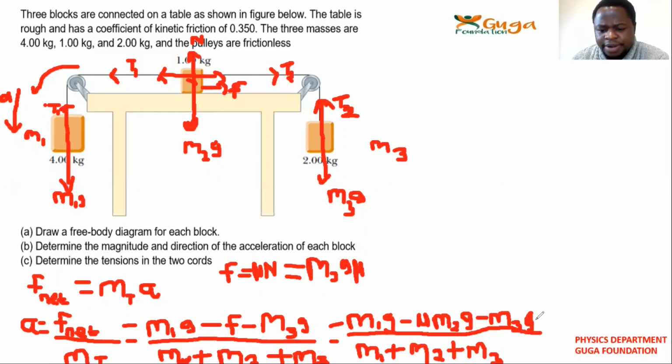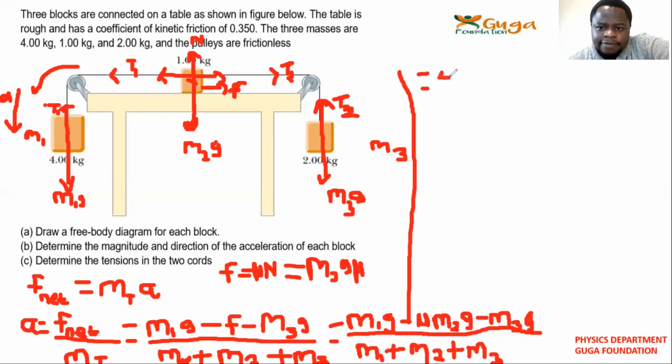So now, given that we have to substitute our values here, let me draw a line here. Now when we substitute M1, M1 is 4.